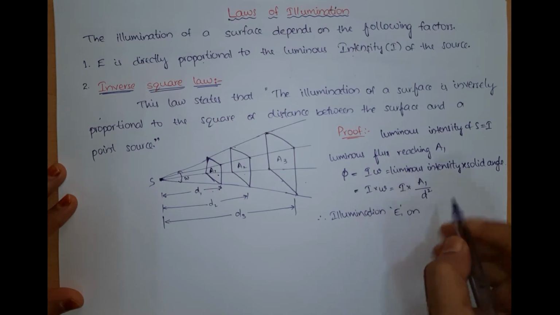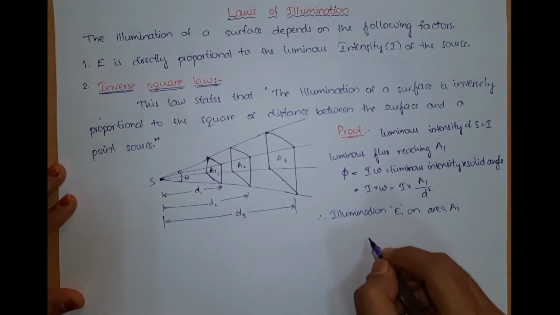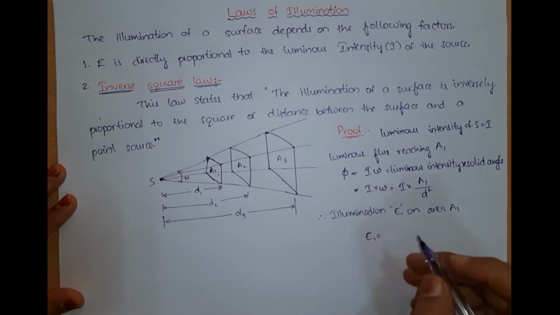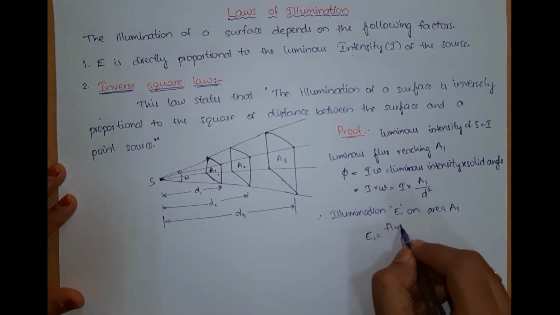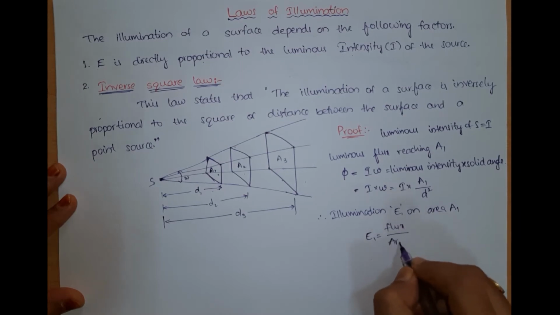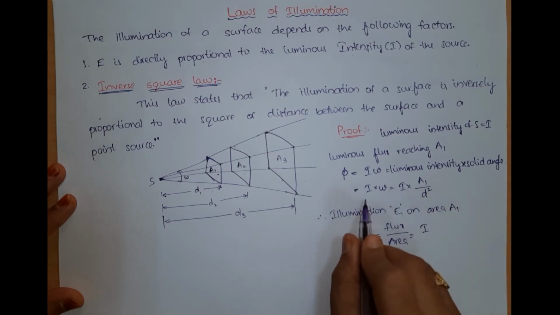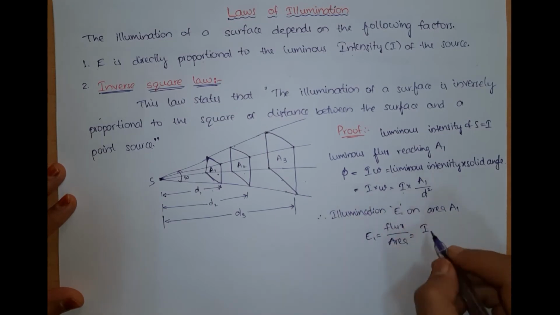E1 on area A1 is what? E1 is equal to flux per unit area. Illumination is defined as flux per area. Luminous flux is nothing but I A1 by D1 square.